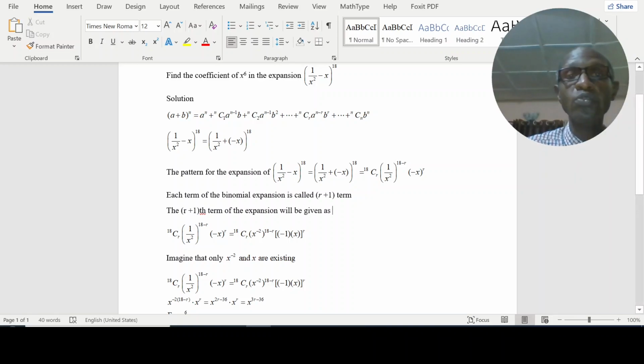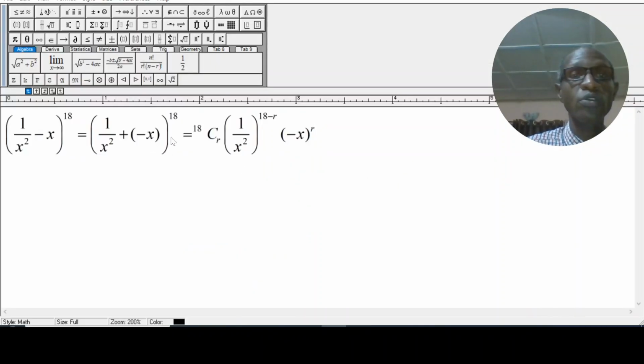So the R plus 1 term of the expansion for this one is this.